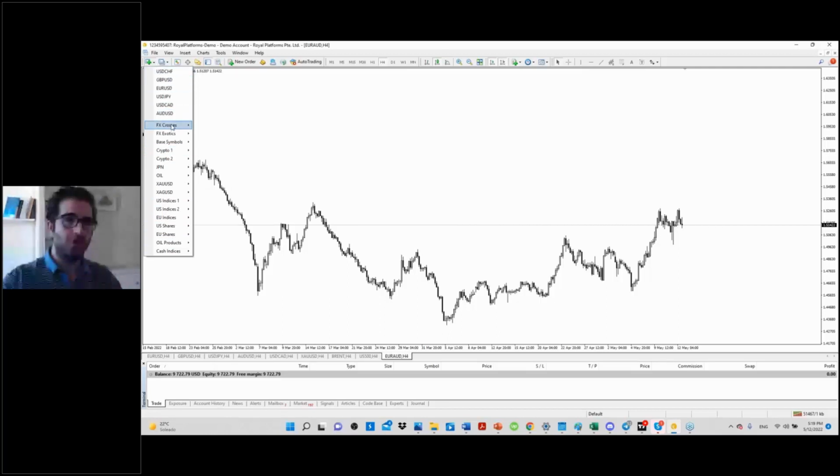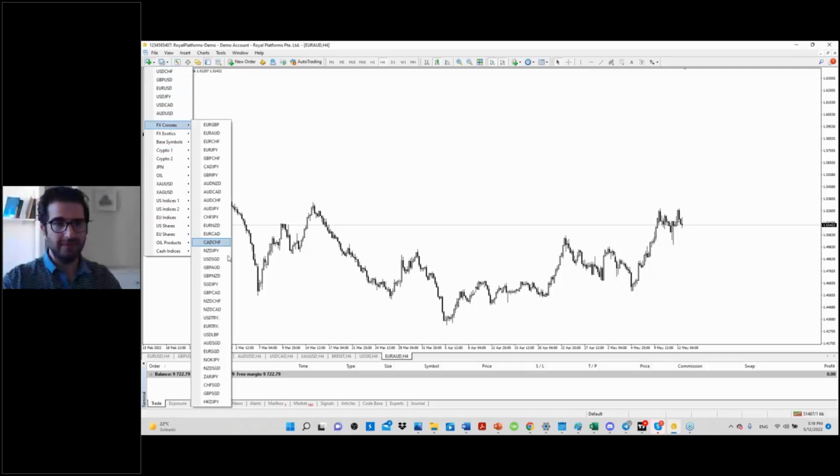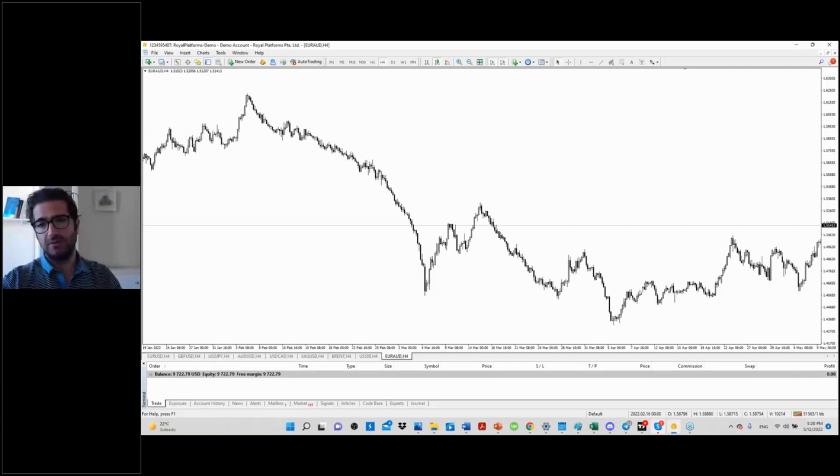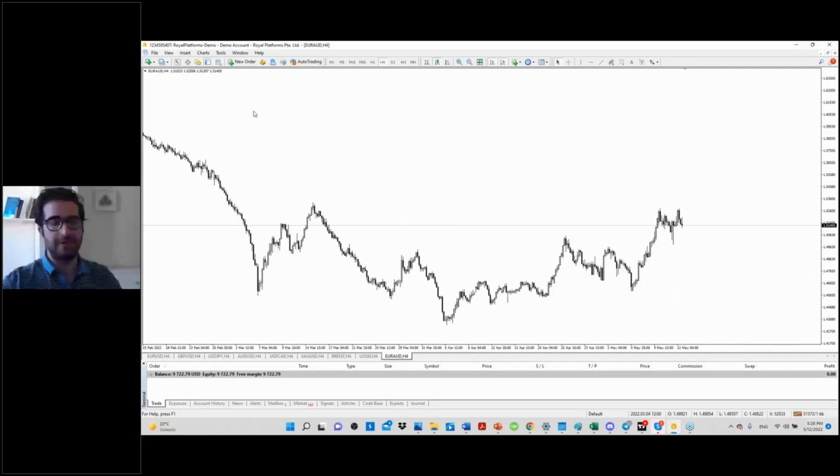Here you can pick all the FX pairs. These are crosses here. We have some exotics. Any currency pair that comes to your mind is available. Let's pick the Euro AUD. It's already there.